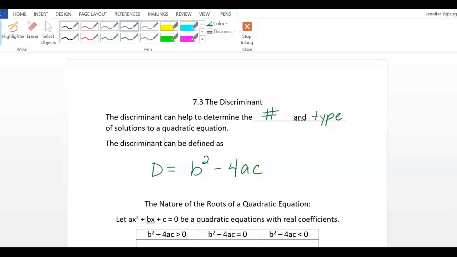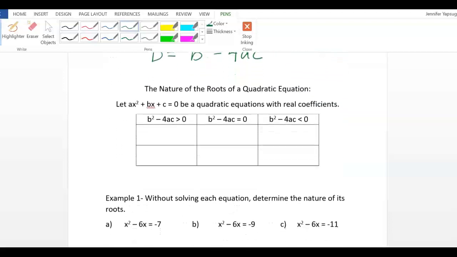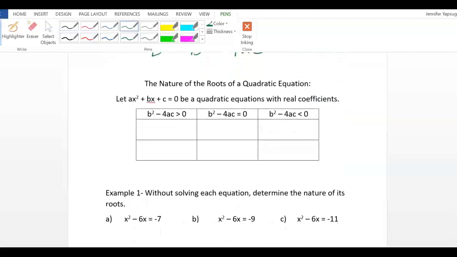So I made a chart down here that can simplify this for us. This is called the nature of the roots of a quadratic equation. When you have an equation in the form ax squared plus bx plus c equal to 0, and you find the discriminant, if you get an answer that is positive or greater than 0, we know that you are going to have two solutions, and those two solutions are going to be real numbers, or real solutions.